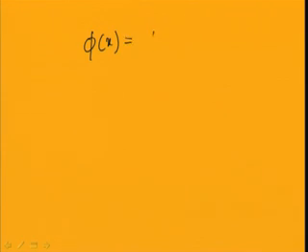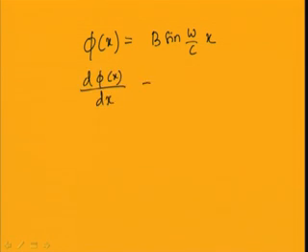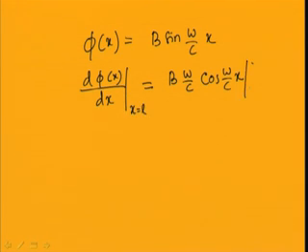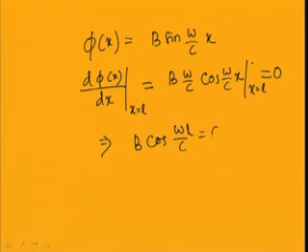So, d phi x by dx will be equal to b omega by c cos omega by c x. Now at x equal to L this equals 0. So, this implies that b cos omega by c L equal to 0.